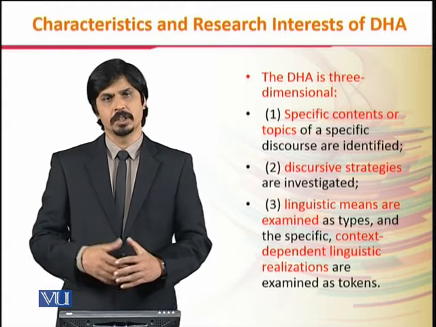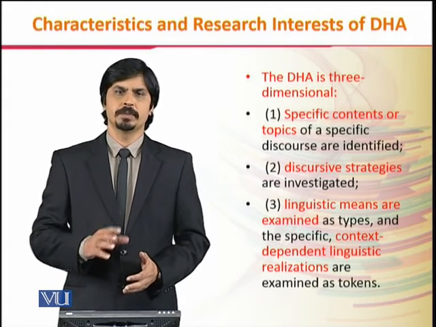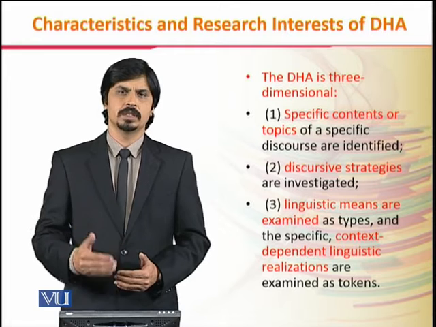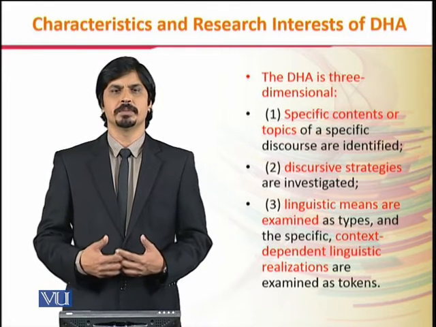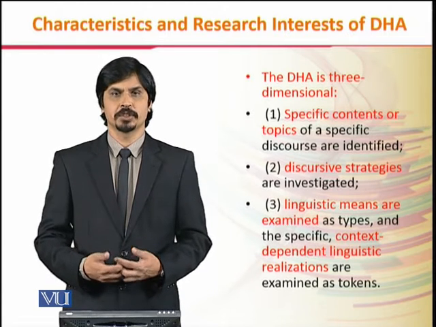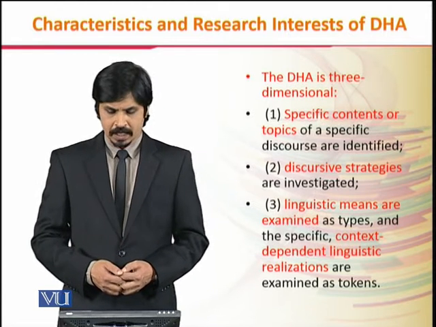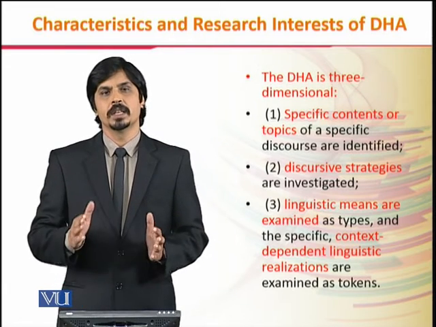Then, in order to do that, we need to employ certain discursive strategies which may be relevant to unearth the various manipulations which have been done during the construction of that particular text. Then linguistic means cannot be excluded.